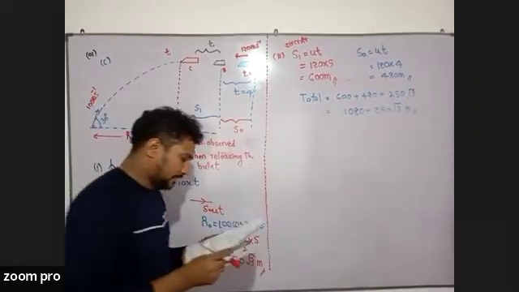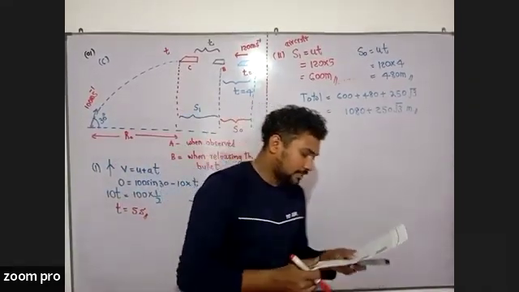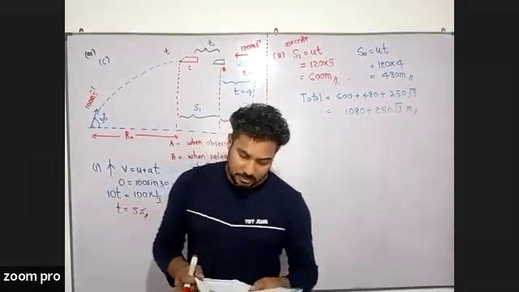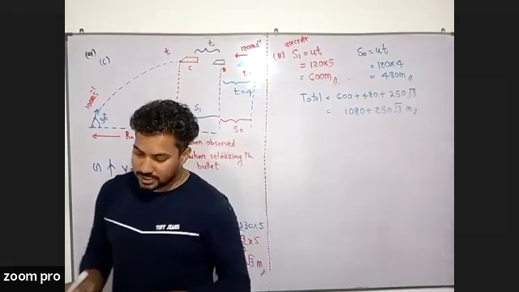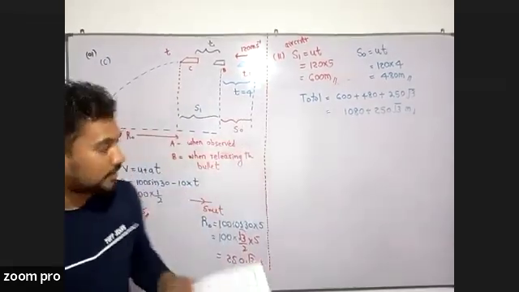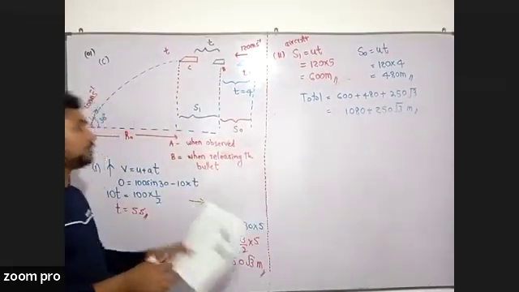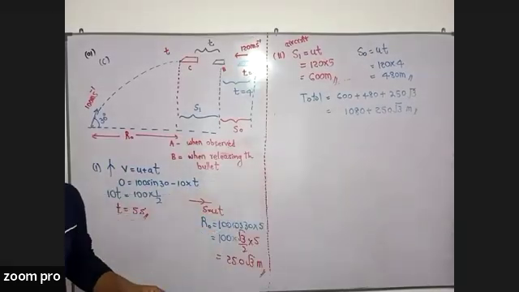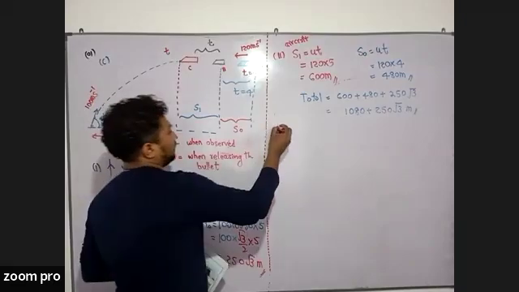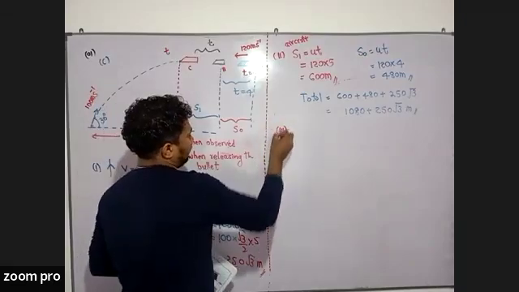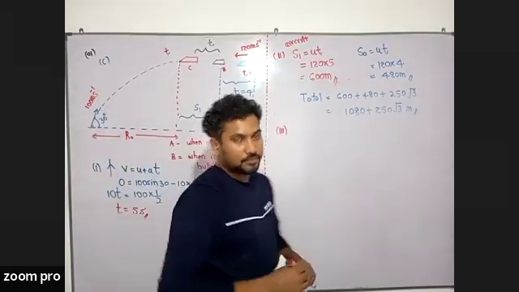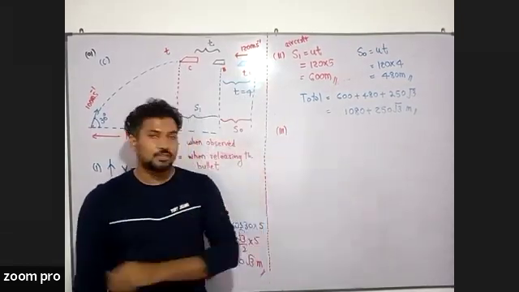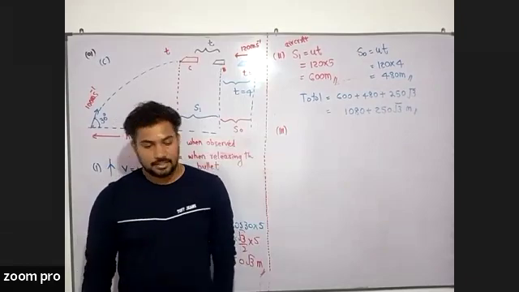Okay. Then assume that the time taken by the bullet to leave the artillery is 0.1 seconds. Find the force exerted on the artillery due to the bullet release. Now, guys, due to the releasing of the bullet from the artillery, there's an impulsive force exerted on this artillery, right?